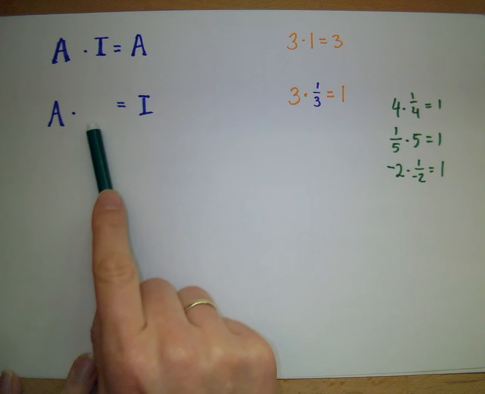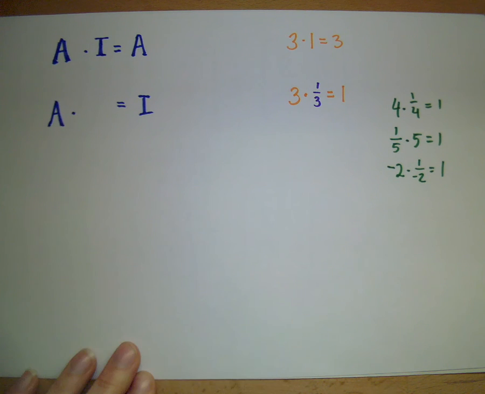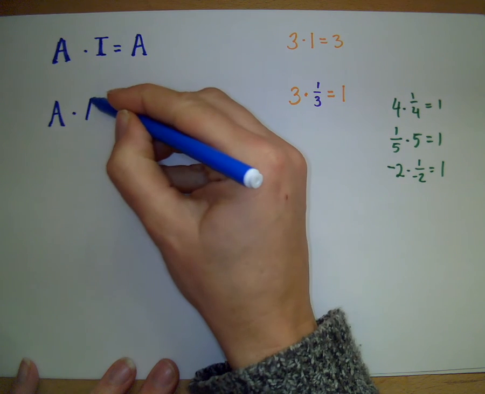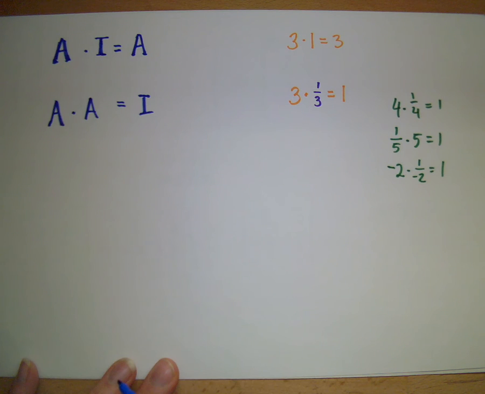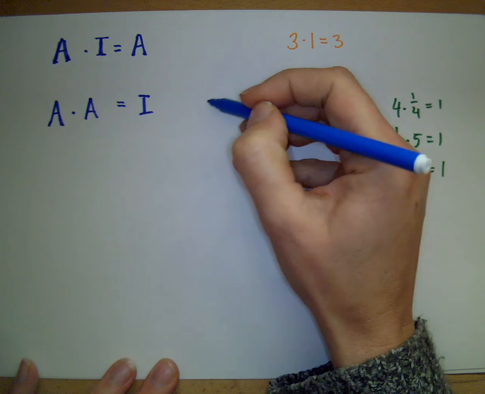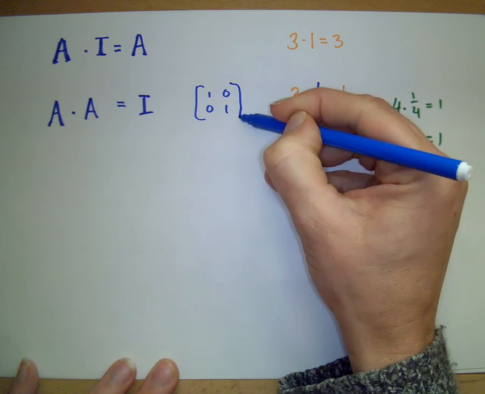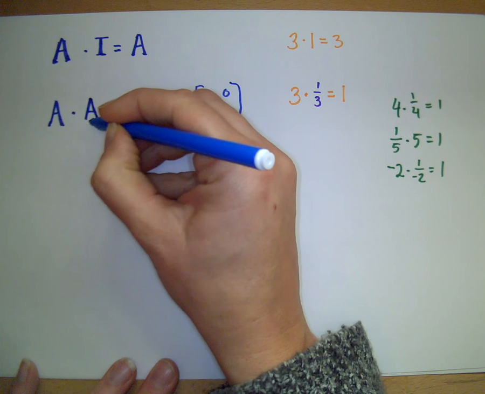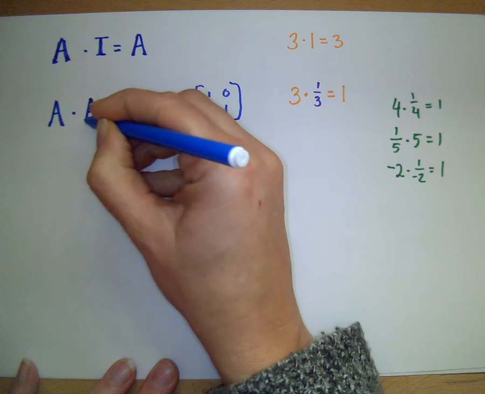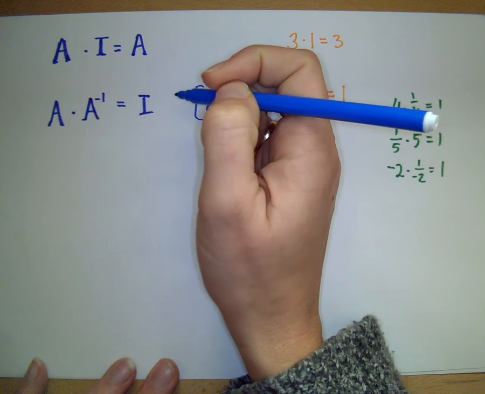We are going to do the same with matrices. If we have a matrix and we multiply it by its inverse, our result will be the identity matrix, which was 1, 0, 0, 1, right? And the way we write the inverse of matrix A is this.